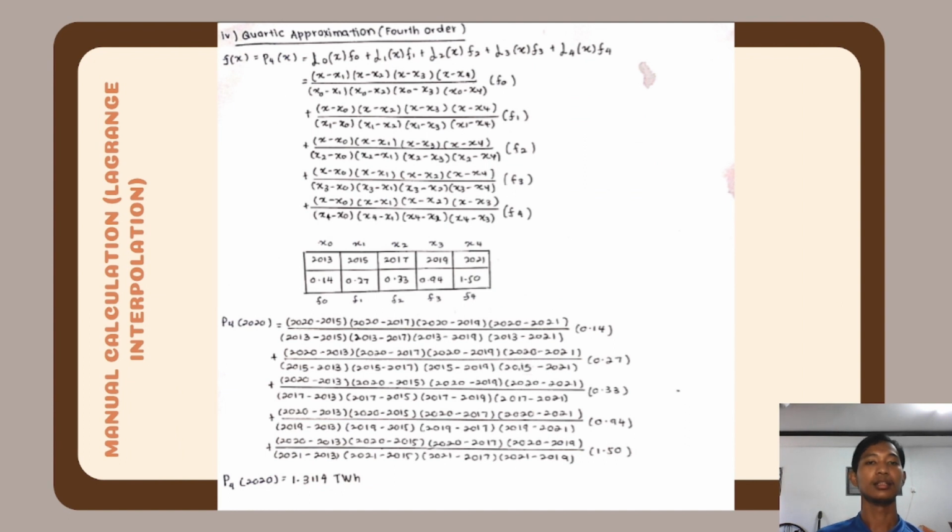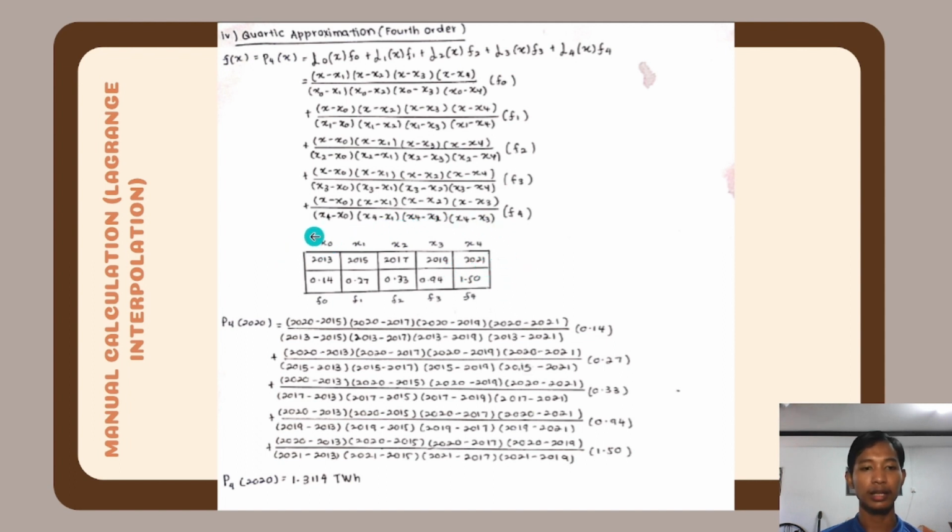Okay, lastly, the fourth order of Lagrange interpolation is quartic approximation. Here is the formula of the quartic approximation. Then, as you can see here, we have five different inputs, so we need five different data for this method. So we choose 2013, 2015, 2017, 2019, and 2021.